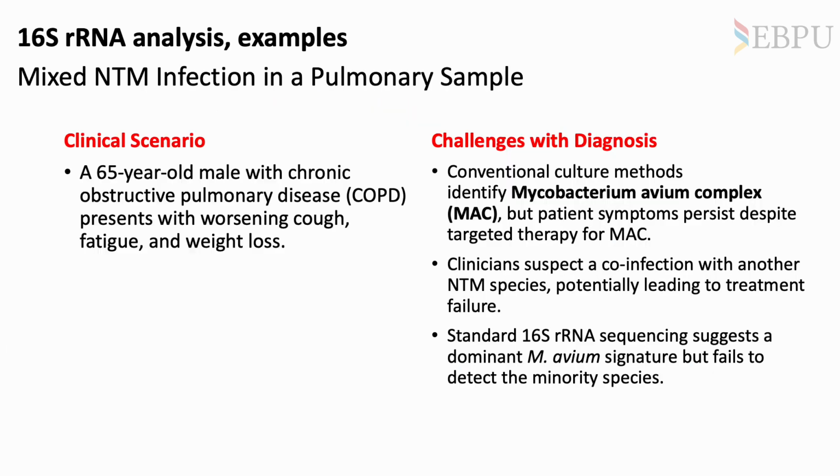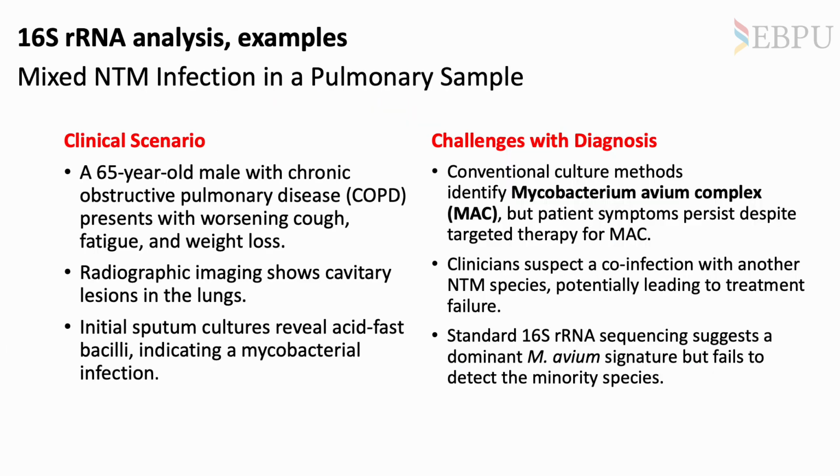So let's move to the real world. This case highlights the diagnostic challenges of mixed NTM infections. A 65-year-old COPD patient continues to decline despite targeted treatment for Mycobacterium avium complex, which was identified by culture.